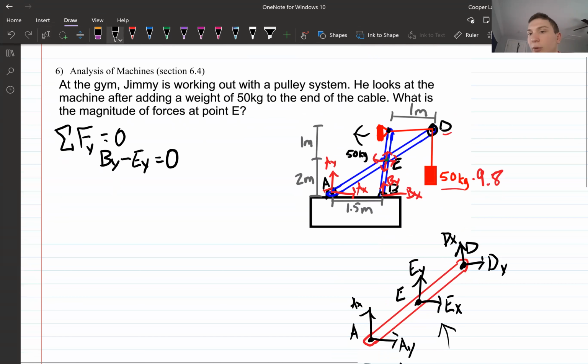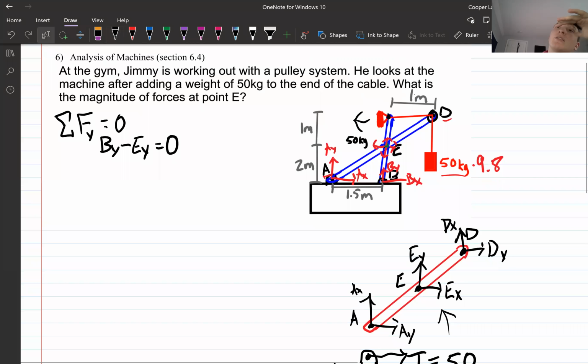Now we run into an issue, though, where we don't know B sub Y. So what I'm actually going to do is go back to this diagram that we have right here, and do a moment about point A, because when I do a moment about point A, I'm getting rid of the effects at point A, and the forces at E won't matter because they're equal in all directions.